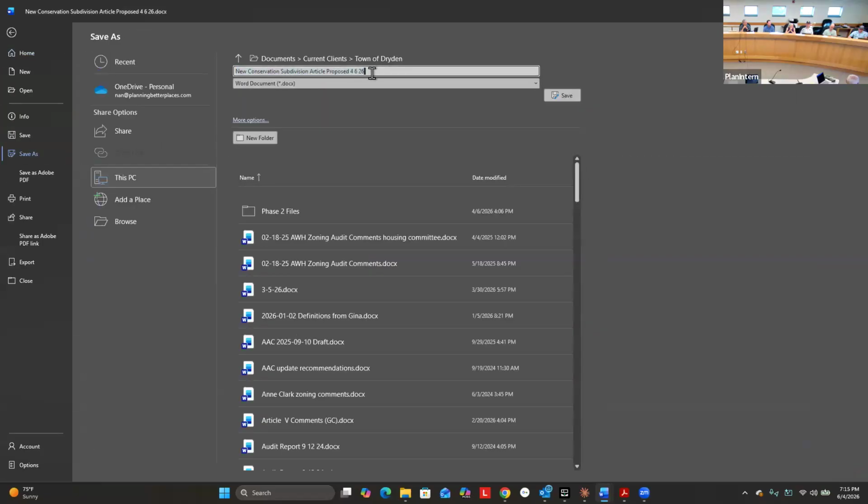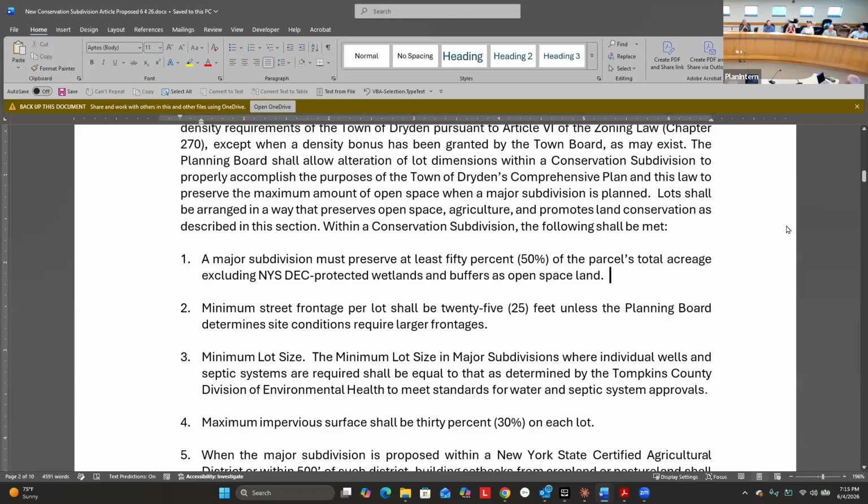And just to let people know about what we plan to do with this piece, we haven't decided whether we're going to vote on it tonight or not yet, but we'll get there in a minute. But the next steps: let's say for the sake of argument, we decided to vote to make this recommendation to the town board.